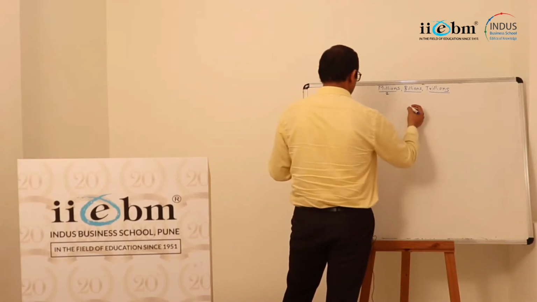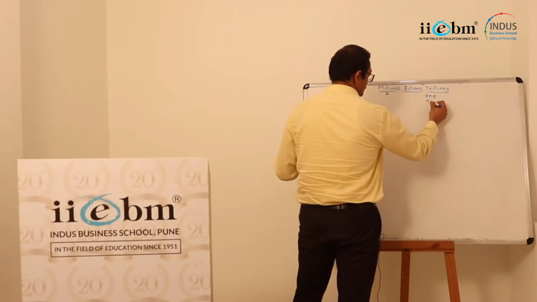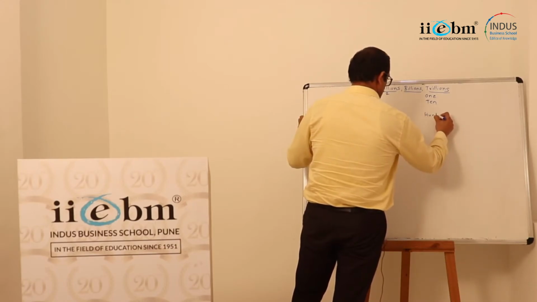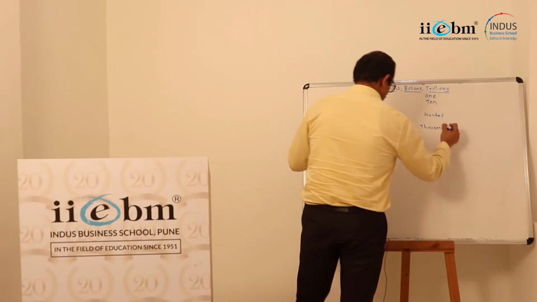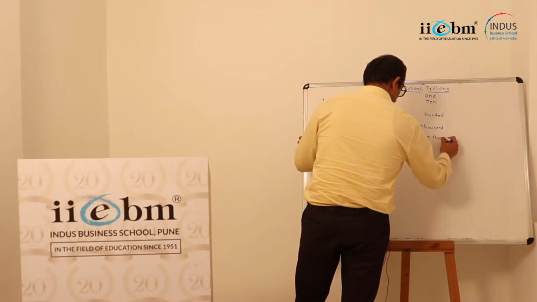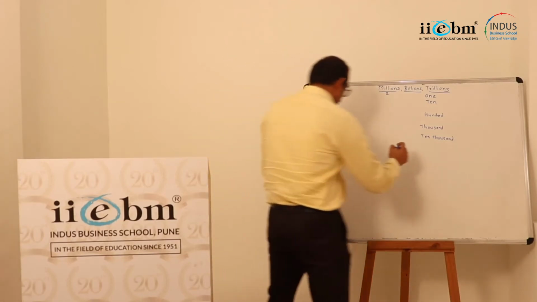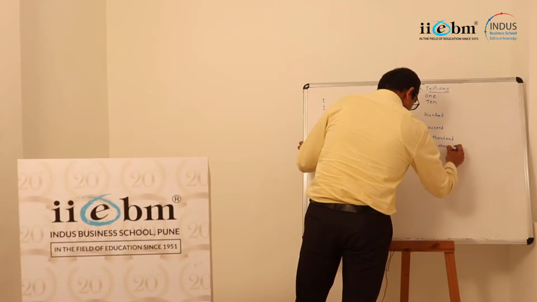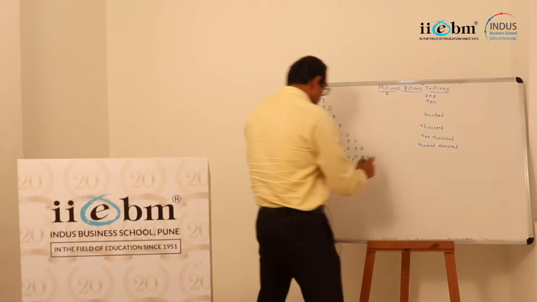So, let me write on this side. This is my 1, this has become 10, this is 100, this is 1000, this is my 10,000, this is my 100,000, this is my 1 million.